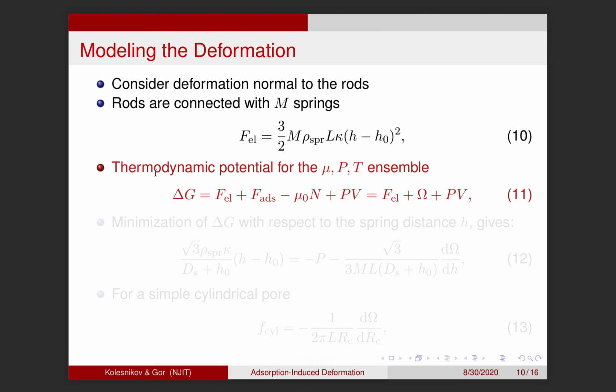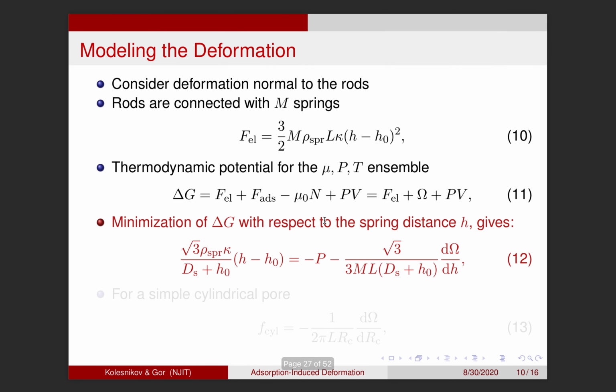Then we can consider the thermodynamic potential for the mu-P-T ensemble, this delta G, and minimization of delta G, which includes both elastic free energy and adsorption free energy, can give us the solvation pressure, the pressure which drives the adsorption-induced deformation, and that is given by equation 12.